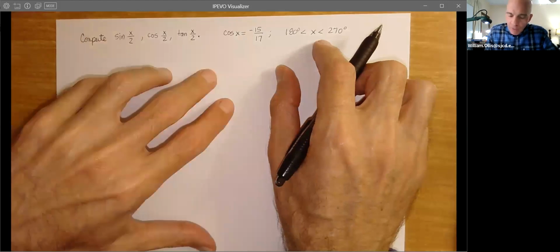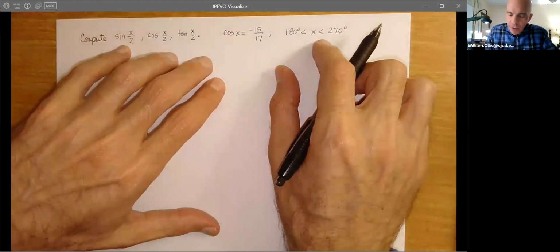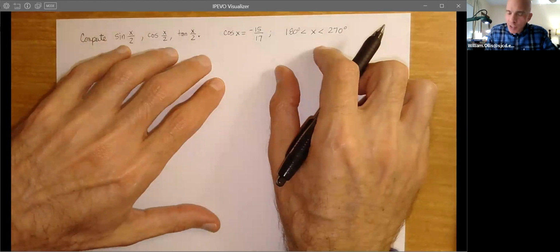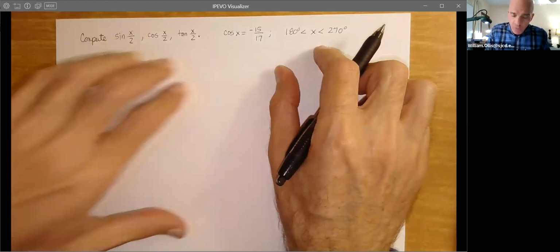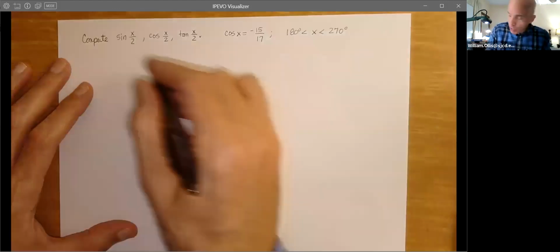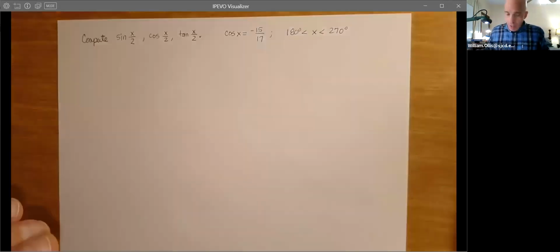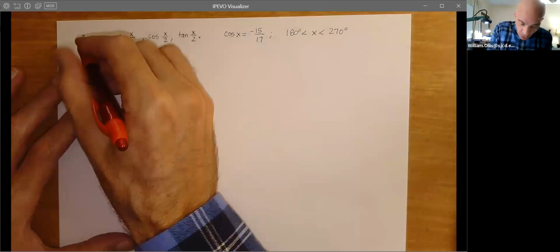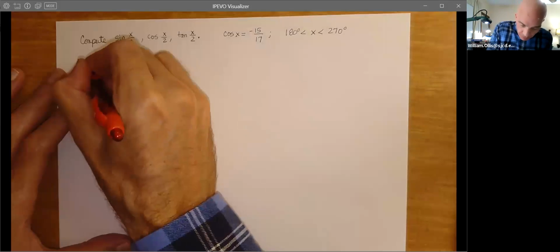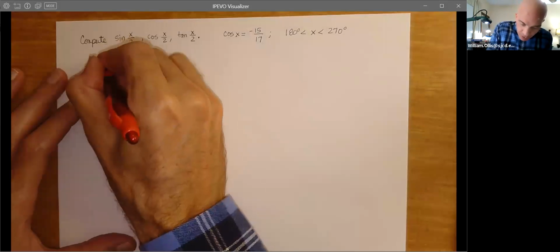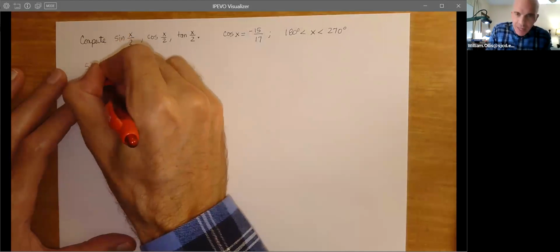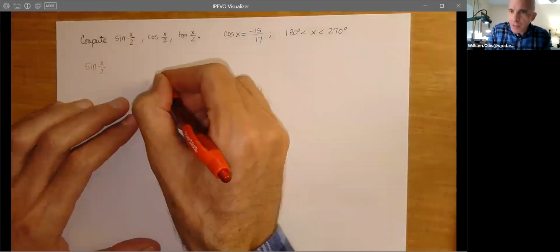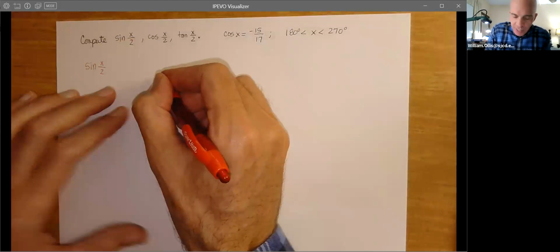Now, of course, if we start with the sine of the half angle, we have to choose the actual arithmetic sign. So first, what we want to do is remind ourselves of this half angle formula. Recall, we get this using the power reducing formula. Remember, everything is moving from the cosine of the double angle. We get the power reducing in the half angle.